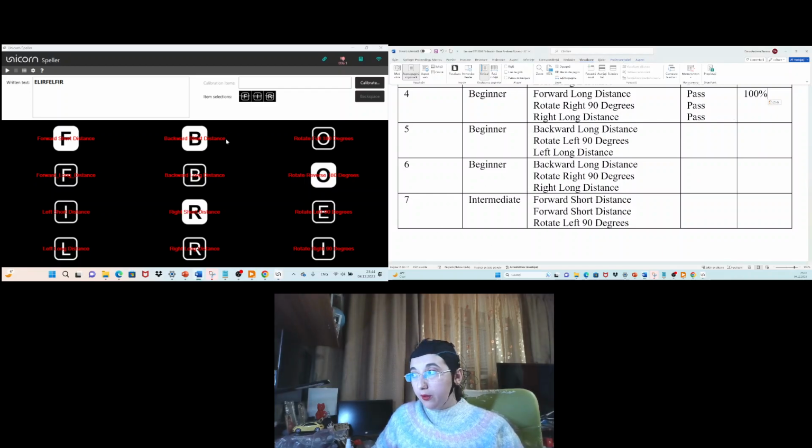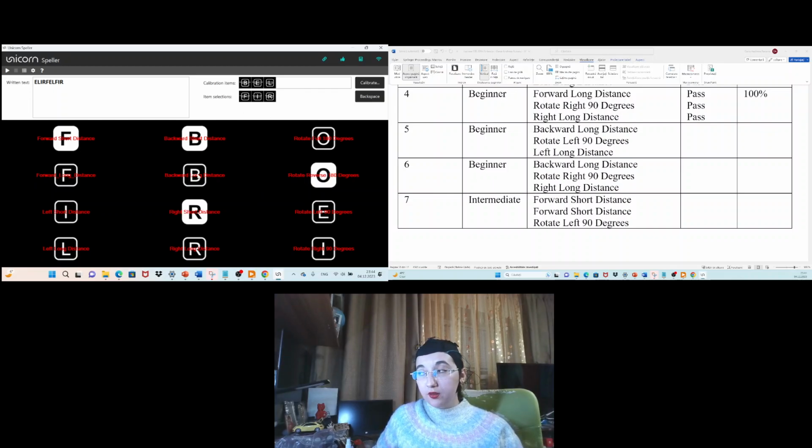Then continue backward long distance, this one, then rotate left 90 degrees, this one, then left long distance. So here I check these commands only to compare the expected results with the actual results.